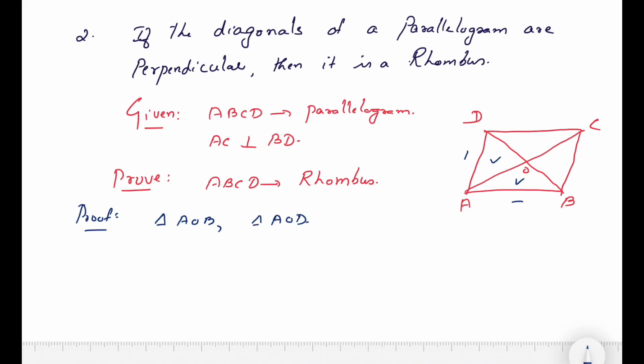So in AOB, we can say BO, the diagonals are perpendicular. So we will start.